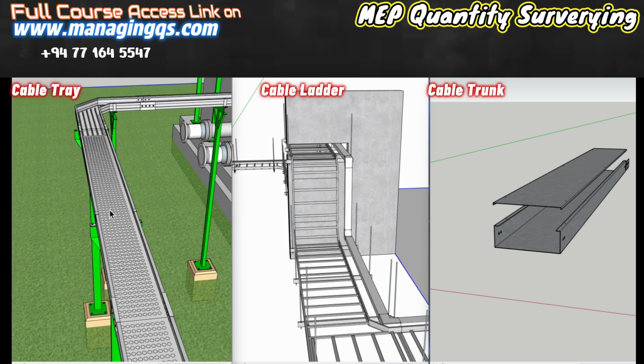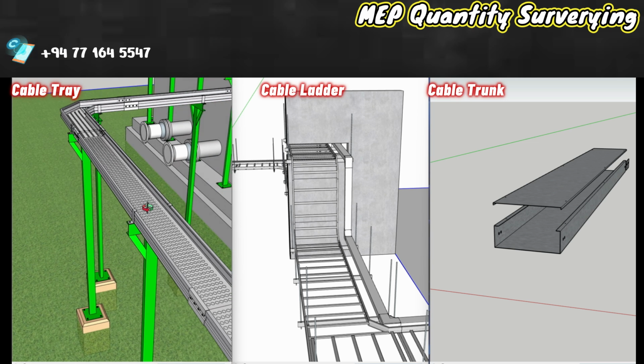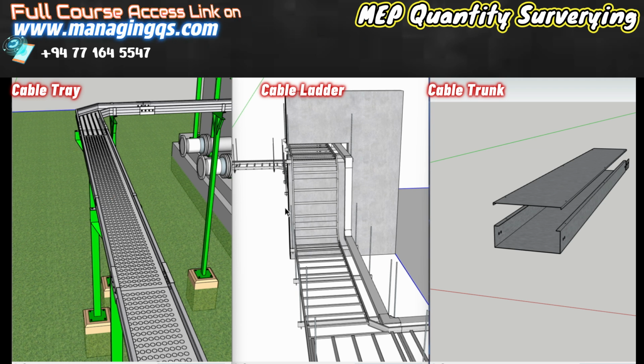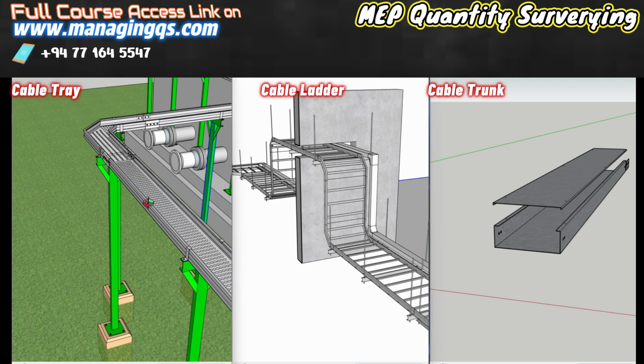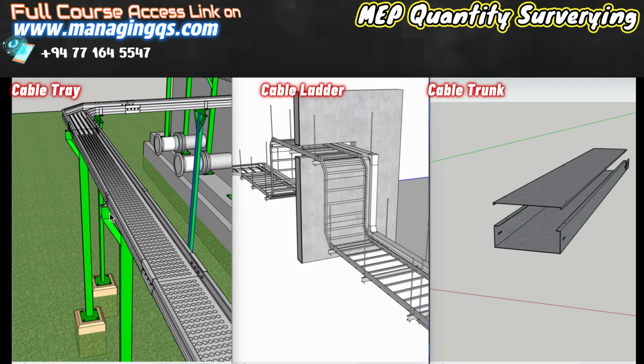The third category is load bearing, which means how much cable weight these three elements can bear. Light to medium weight cables can be carried by the cable tray.